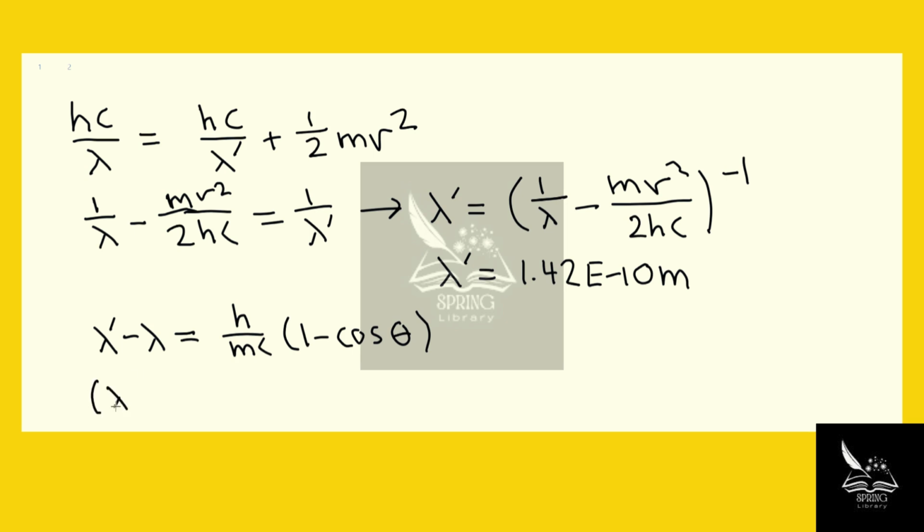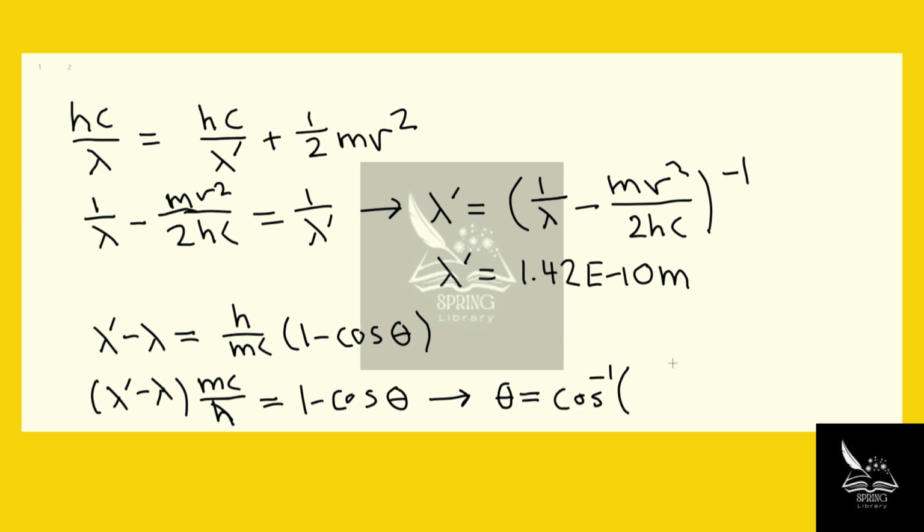We start by moving the h over mc to the other side by dividing it through. Then in two more steps, we end up with theta equals inverse cosine of 1 minus mc over h times the change in lambda.